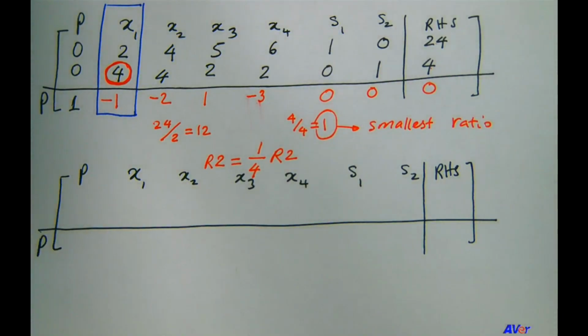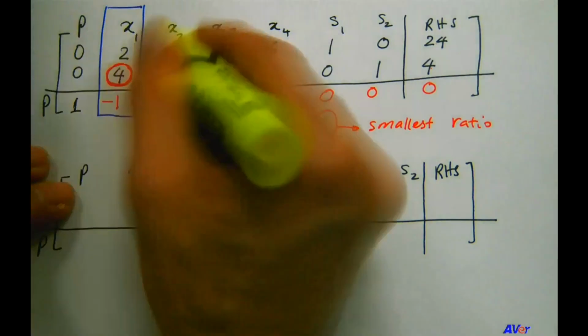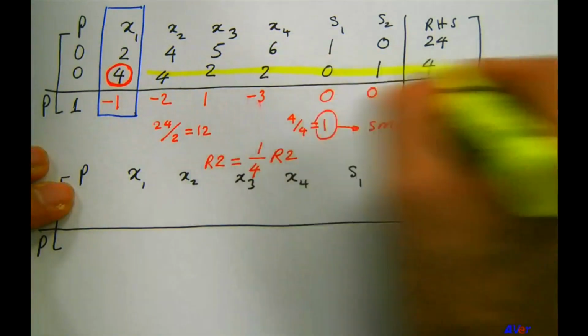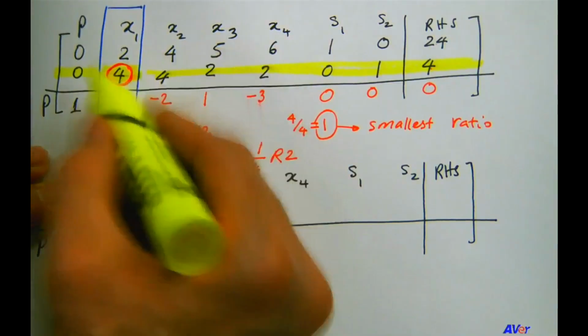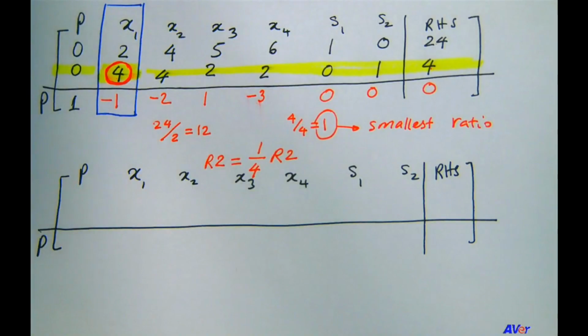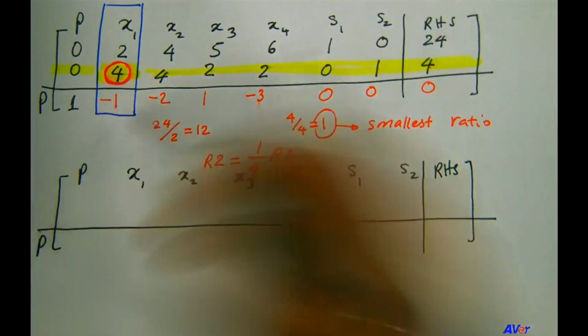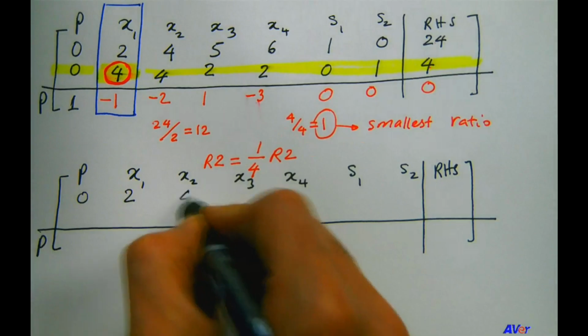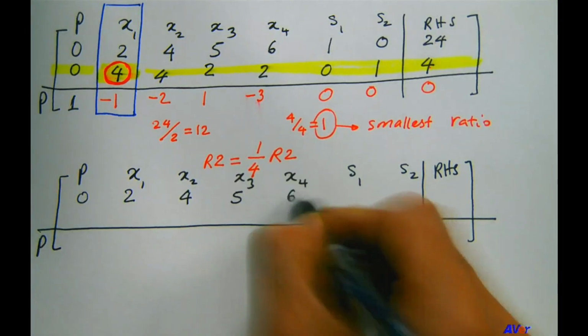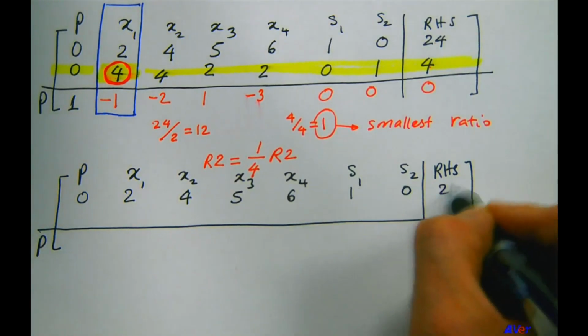This row is going to be our pivot row, that one, and we need to convert that 4 to 1. For now, I'm going to write down row 1 and row 3 as they are. So 0, 2, 4, 5, 6, 1, 0, 24.